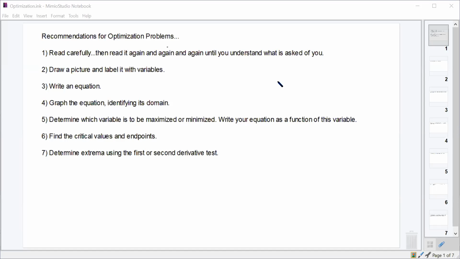So you'll write an equation for whatever thing you're trying to maximize or minimize, and then you'll get it all in terms of one other variable. Sometimes graphing that equation and looking at its domain will help you. And you definitely always want to keep in mind what the domain of whatever equation that you write is. Once you have your equation, suppose we're looking for a cost.